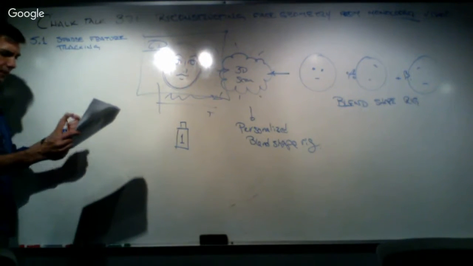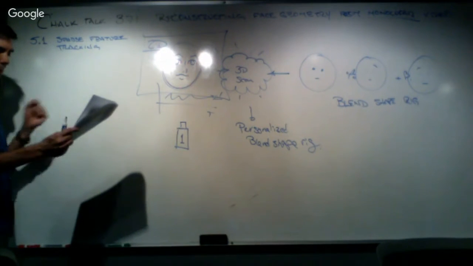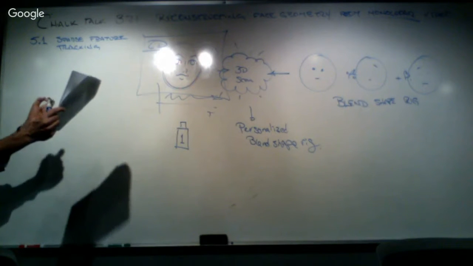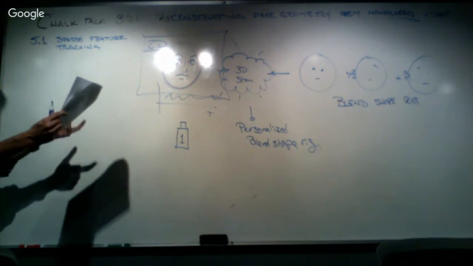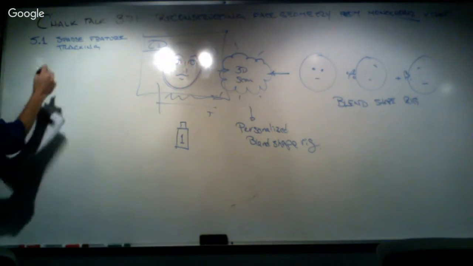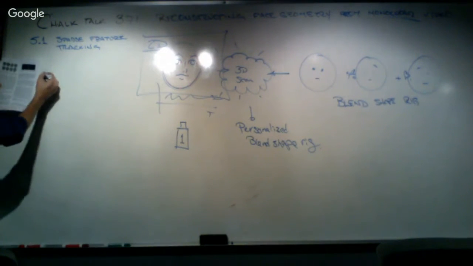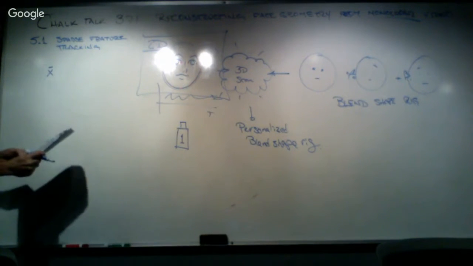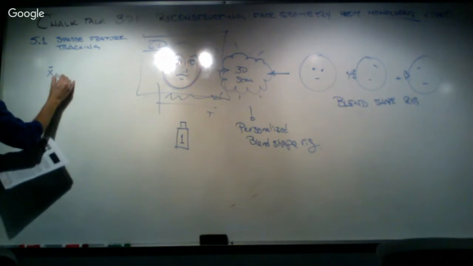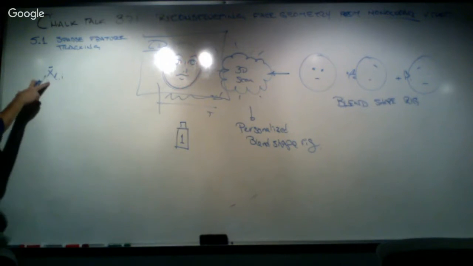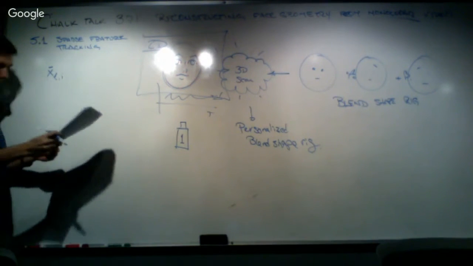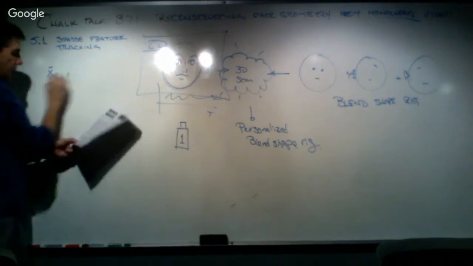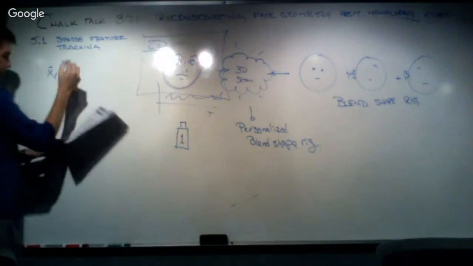So the tracking algorithm is based on a 3D point distribution model, which linearly models non-rigid shape variations around 3D reference locations, blah, blah, blah. Well, there's an equation, and I'm going to write it down, and it may look a little scary, but it's not that bad. x_{t,i}, the 2D location of one of those red dots here, is equal to what? Well, let's assume that we knew the 3D location of that dot.